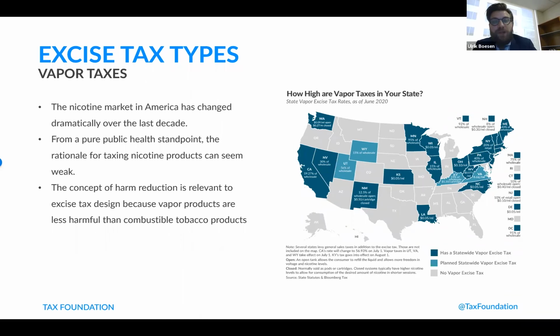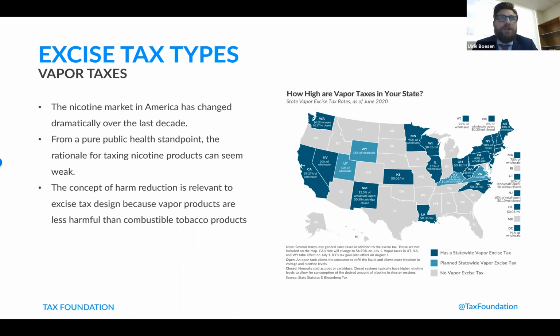Now, vapor products are not the only new nicotine product on the market. There are also nicotine pouches, which are small, non-tobacco-containing pouches that the consumer can put in their mouth. These you should tax based on weight. Then there are heated tobacco products, which are tobacco products where there's no combustion.